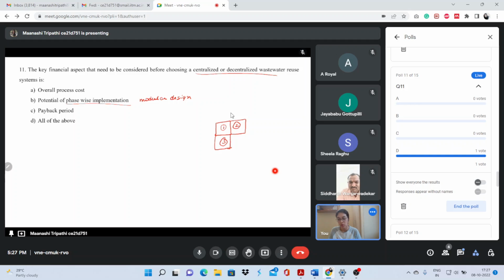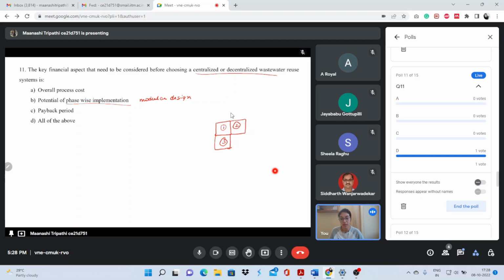Okay, so how do we choose centralized or decentralized? What do we want? Overall process cost, modular design, payback period, or all of the above? Payback period is what? After some time, the revenue generated will be more than the investment cost of that product.